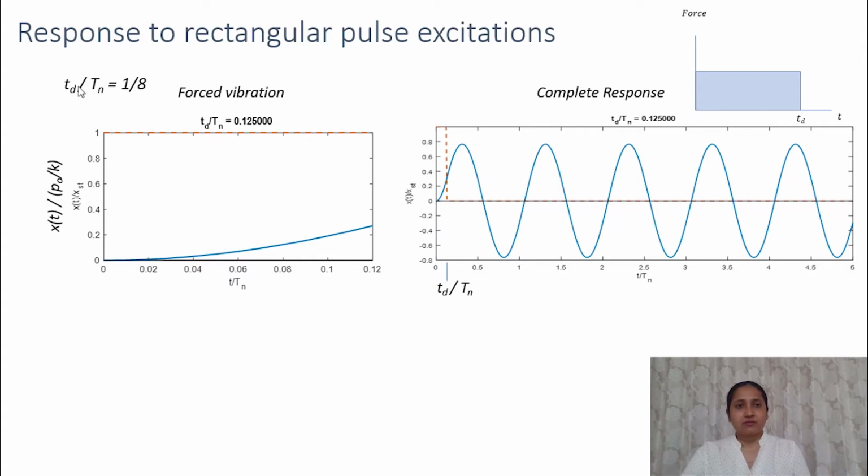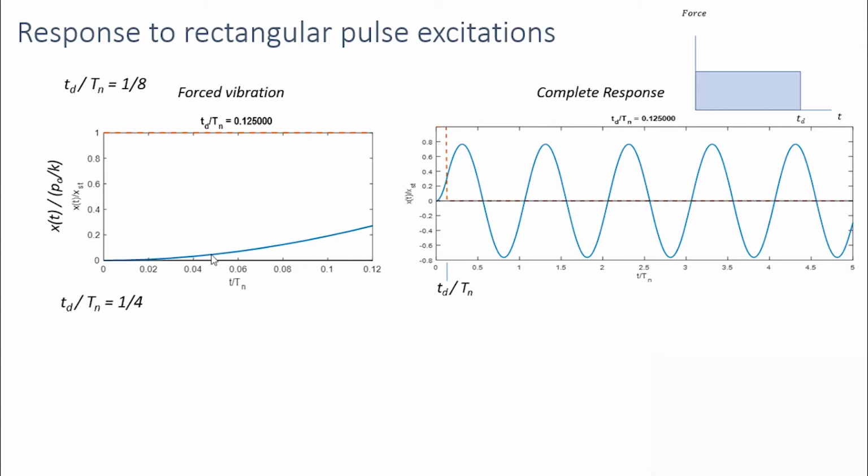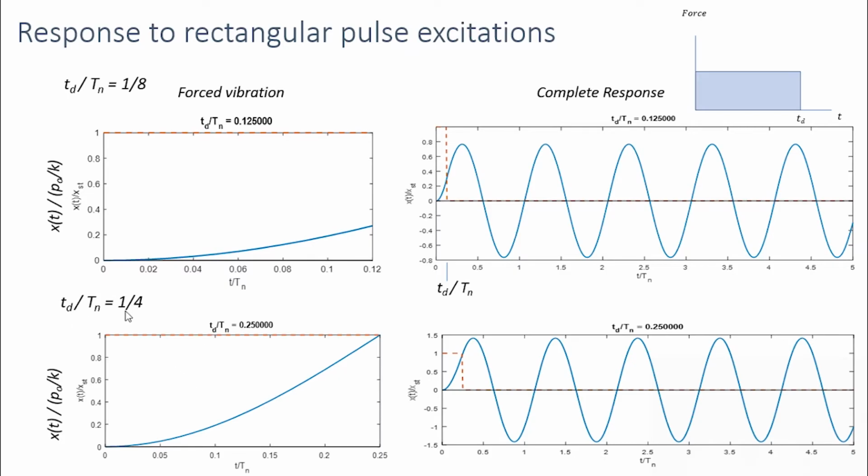So let's check this for td by tn equal to 1 by 4. In this case, the duration is more than the previous case. As the duration of the pulse is increasing, the response is also increasing during the forced vibration. Now the duration is more, so the displacement also grows. Again, in this case, the maximum response happens after the pulse ends.